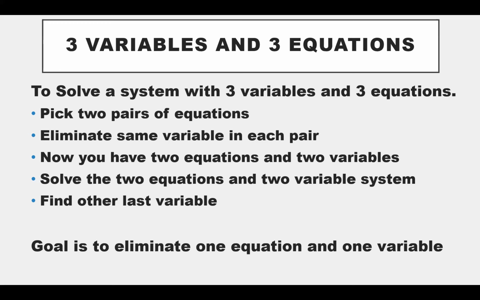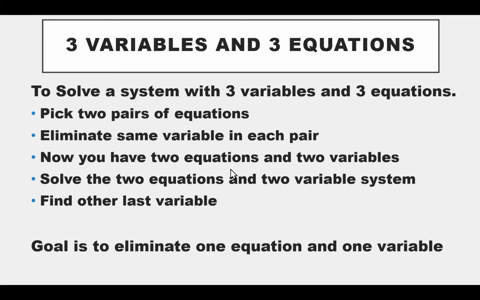And so you ask, well, how do I get from 3 variables, 3 equations to 2 variables and 2 equations? And essentially what I do is I pick 2 pairs of equations, and I'm going to eliminate the same variable in each pair. Once I eliminate the same variable in each pair, then I've got 2 variables left, and I'll have 2 equations left.